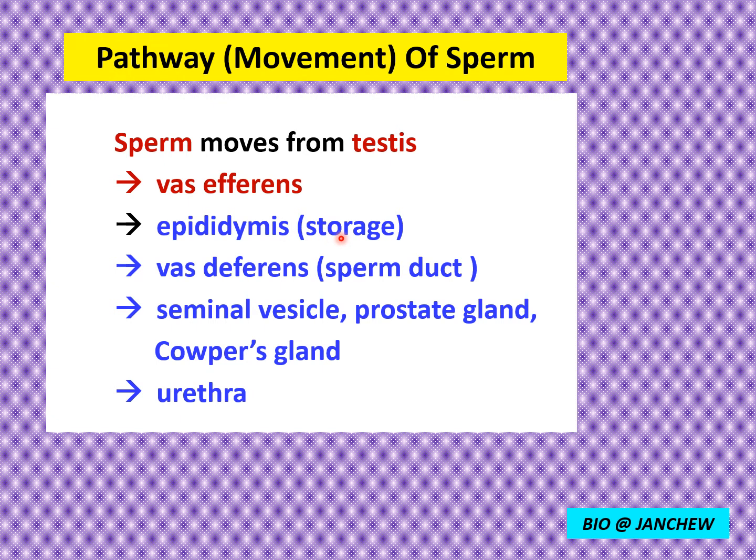Then it will mature, and after some days it will move into the vas deferens, or the sperm duct. From there it's transported and will pass by the seminal vesicle, prostate gland, and the Cowper's gland, which provide secretions. So the secretions together with the sperm will form the semen, and the semen will move through the urethra and then out of the body.